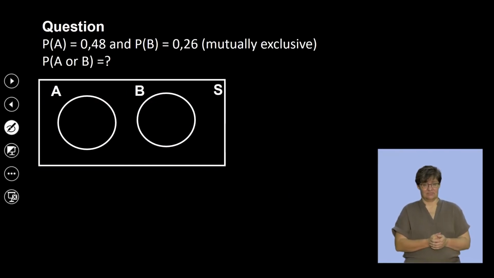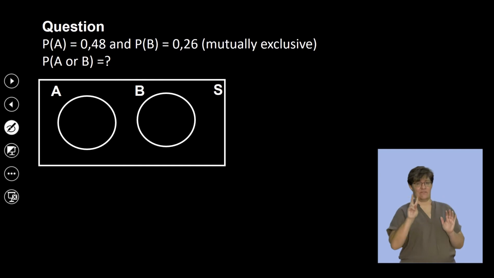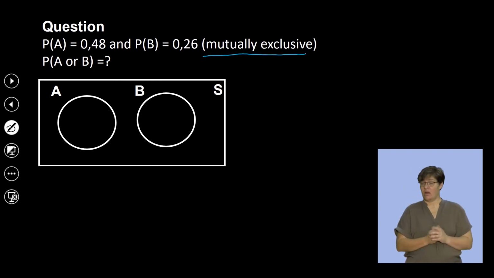So my strategy for answering this question is first of all to look at the Venn diagram. Because I'm told they're mutually exclusive, I recognize that I'm going to draw A and B as disjoint sets. They're not overlapping. There is no intersection.